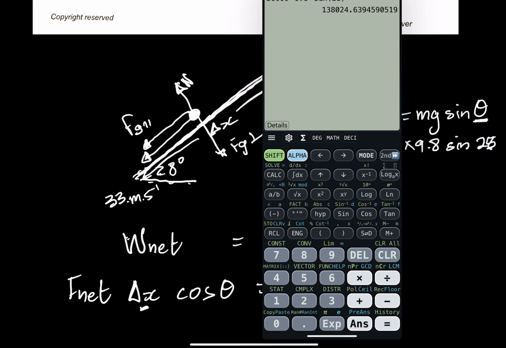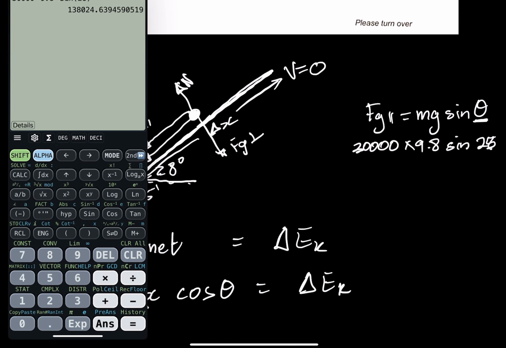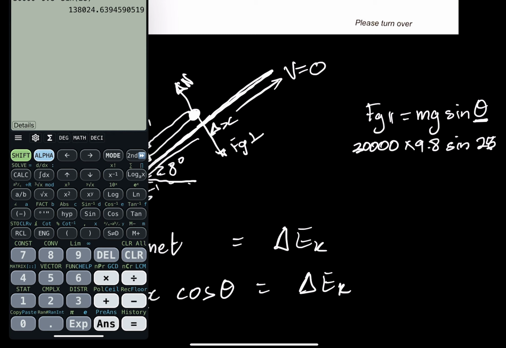Maybe let me just bring my calculator over this side. So this is going to give us 138,024.64 newtons. So this is our FG parallel. Now keep in mind, in this case, we still have the frictional force. So those are the two forces.